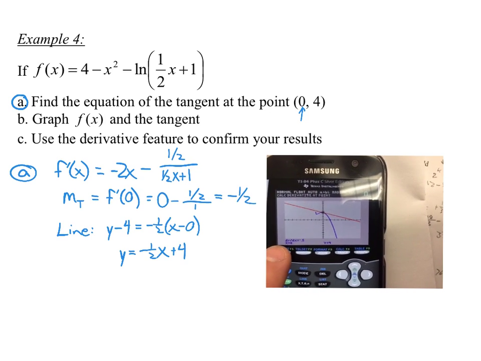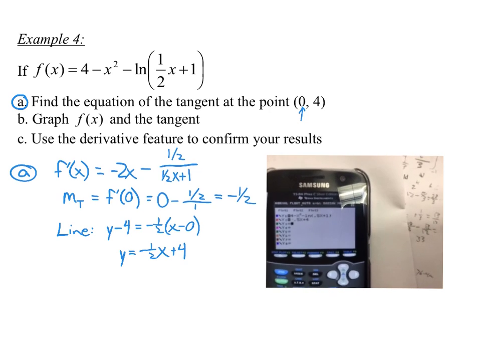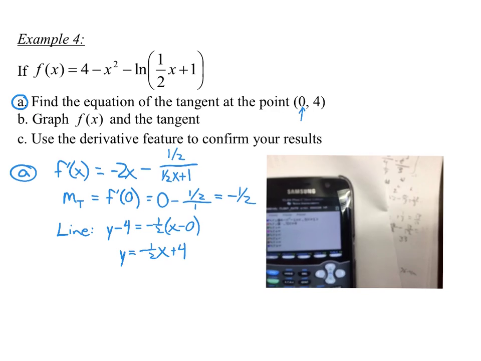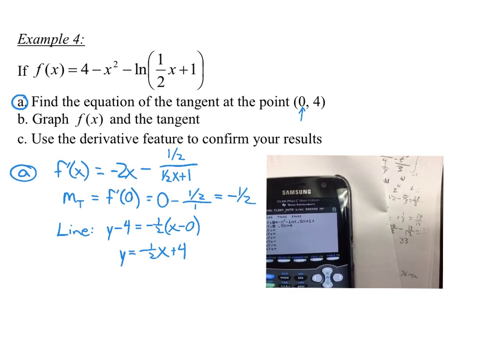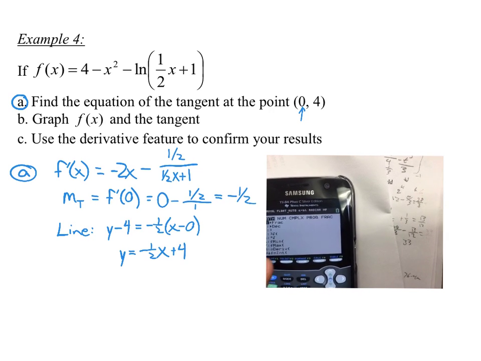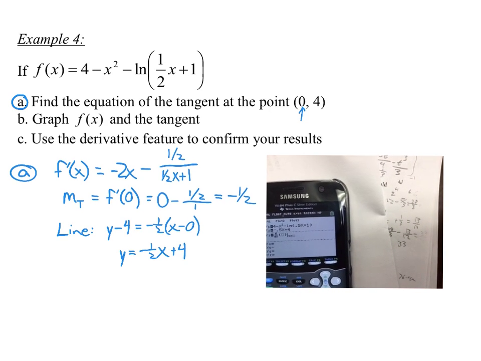Another way that you can test this, if you come back here, I'm going to go ahead and graph. If I go to math derivative 8, I'm going to differentiate with respect to x.